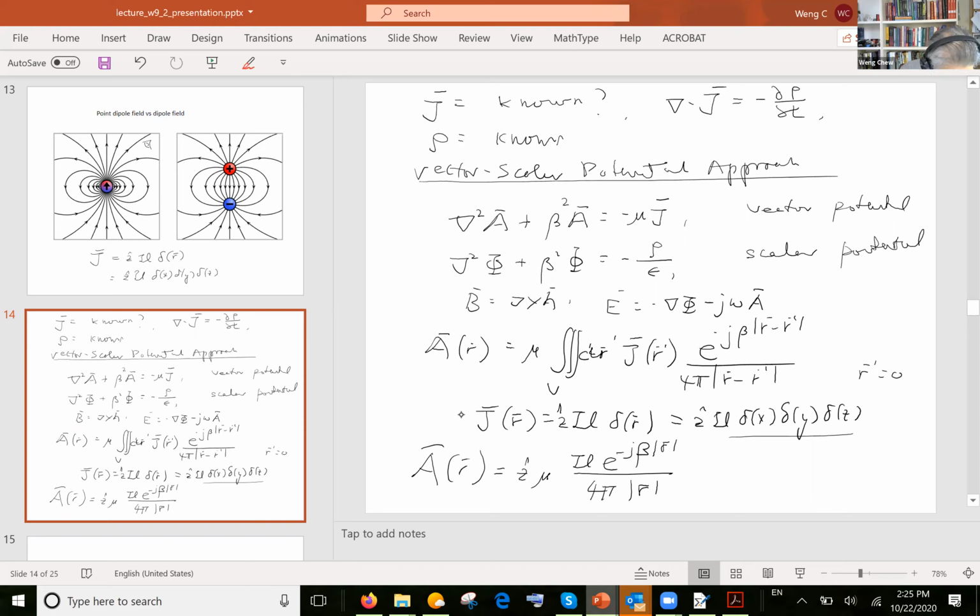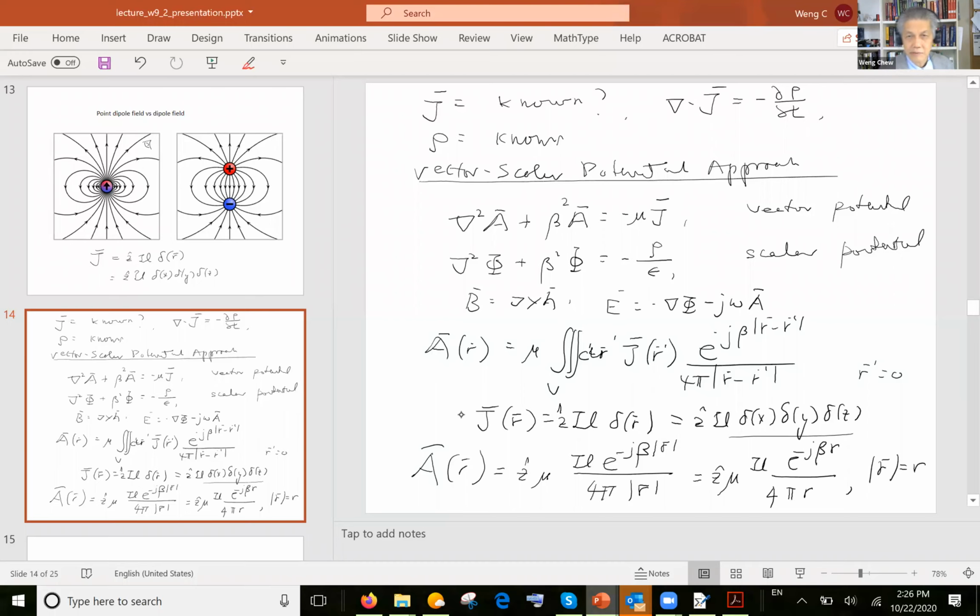Okay, so I immediately find the vector potential A, and then using the fact that I'm in spherical coordinates, I can also write this as e to the minus j beta r over 4 pi r, where I have used the fact that the magnitude of r is just r.